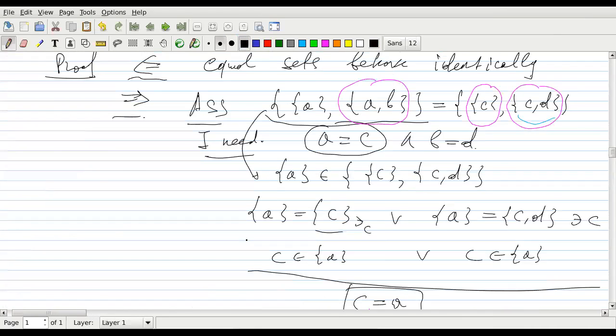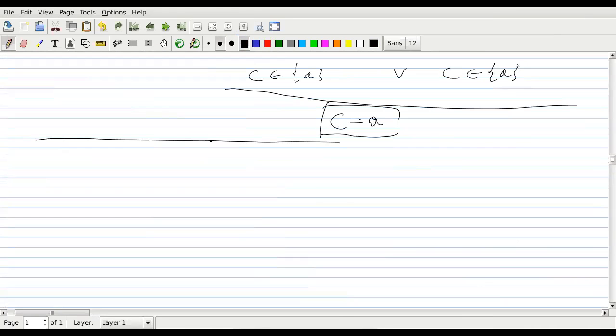Okay. And now let's group all pairs where A comes from X, and B comes from Y. Let's group all such pairs together.